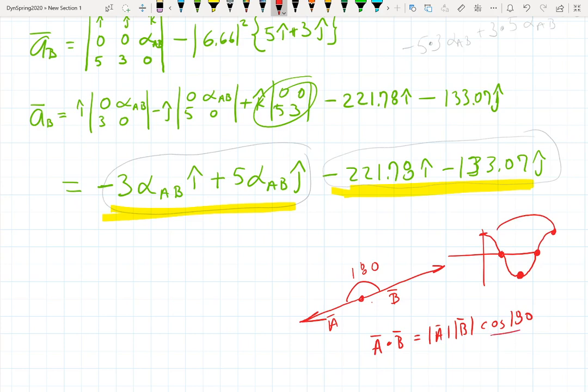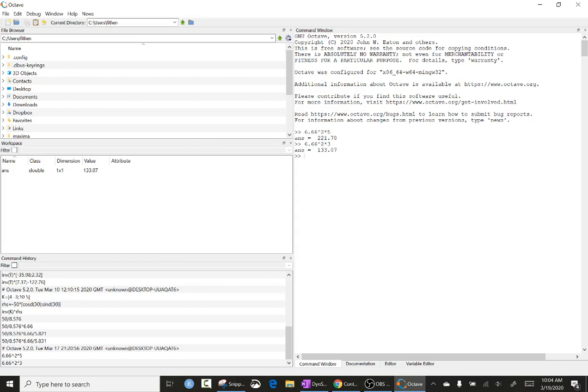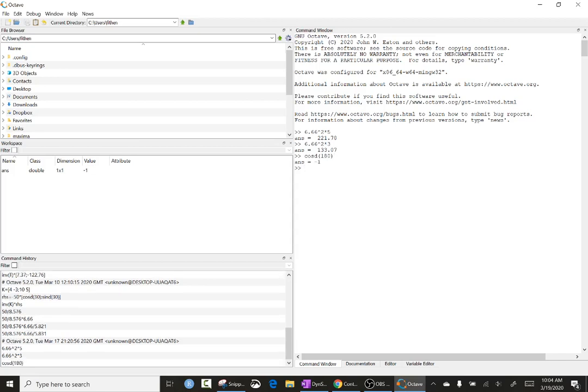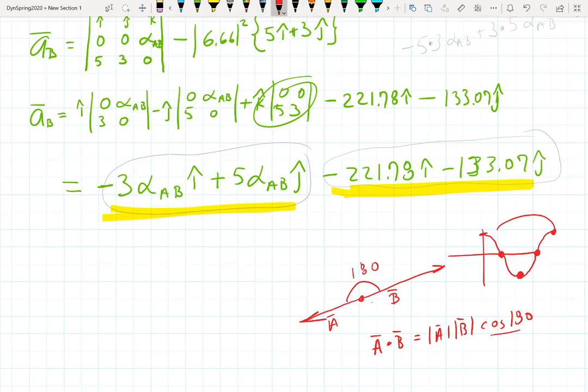So cosine 180, if you want to check, it's just going to pop you out a minus 1. So it would be the magnitude of A times the magnitude of B.